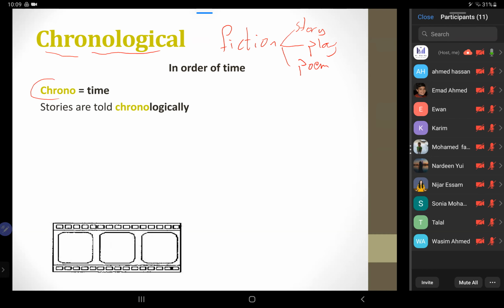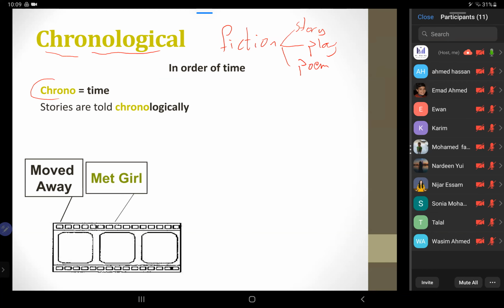So this is, for example, one of the stories. It was about a girl who moved to a new city. I'm not sure if it was in grade 8 or grade 9, this story. But we have a girl who just moved away with her parents to another city, but she doesn't like this city. Then this girl met another girl, and they had some adventures in this new city.